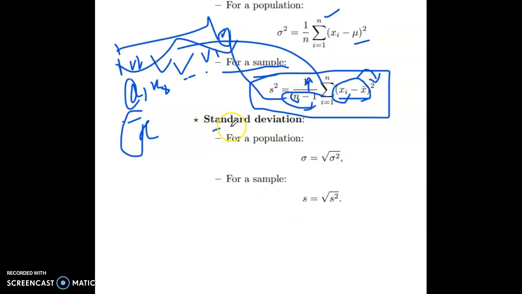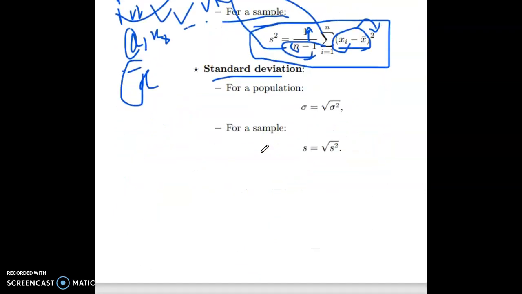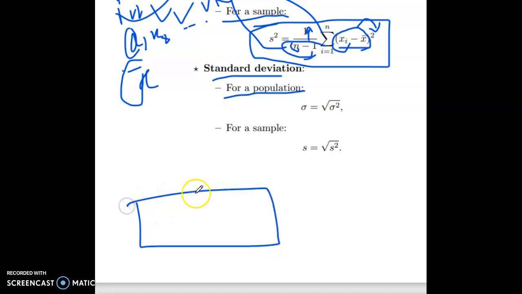Standard deviation for a population is the square root of the variance, so sigma is the root of sigma square.